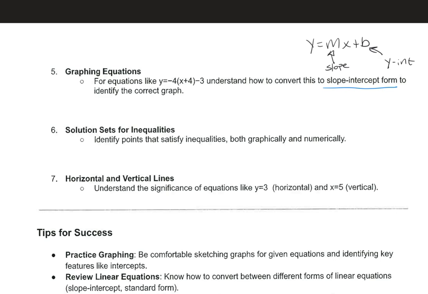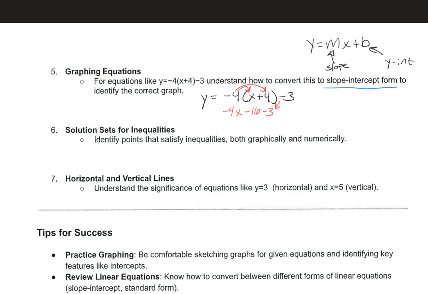So I have this equation here, so let me rewrite it. y equals -4 parentheses x plus 4, minus 3. The first thing I want you to do is look at it and go, oh, I need to distribute. So you're going to go -4 times x, and you're going to get -4x. -4 times 4 is going to give you -16, and then you're going to bring the -3 down.